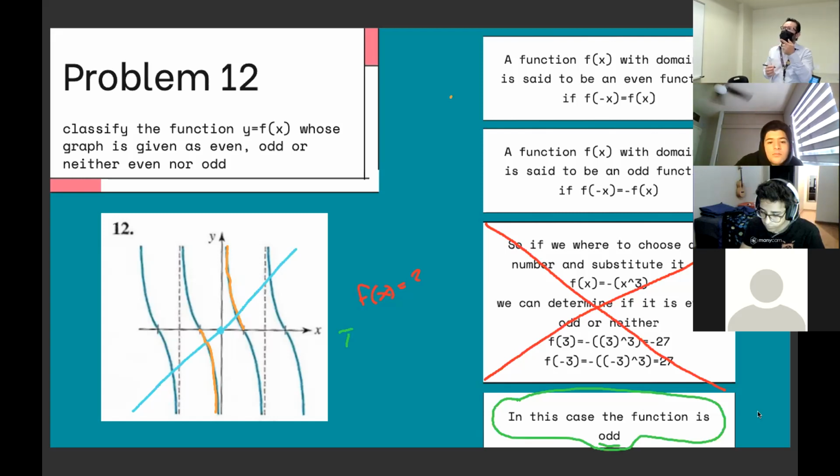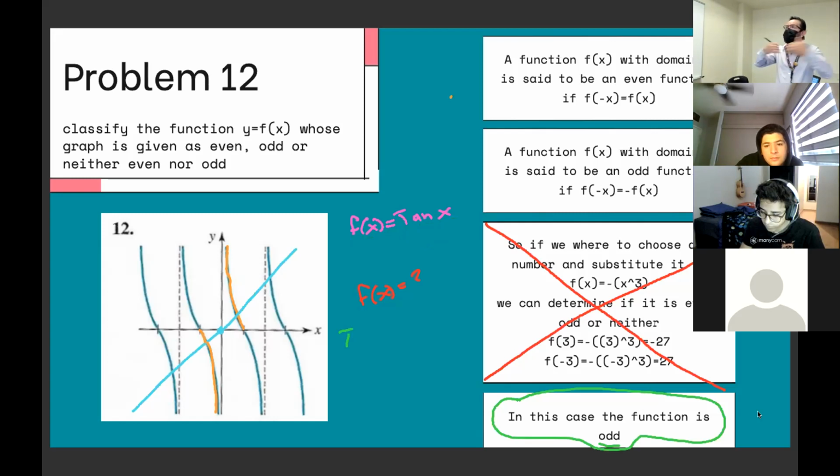Actually, this graph that we're looking at here would be closer to, and I say closer because again, we don't have the function, f of x equals the tangent of x. But I can't even assume that it's the tangent because it kind of looks that way.